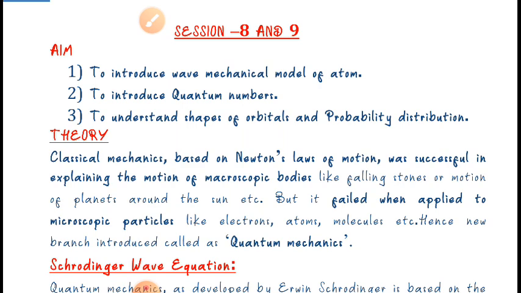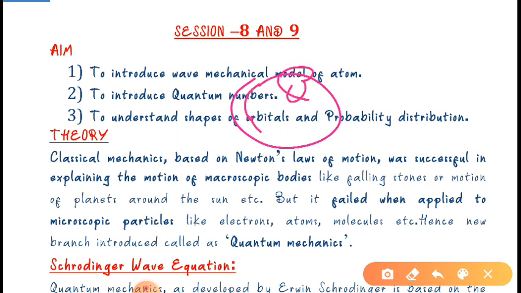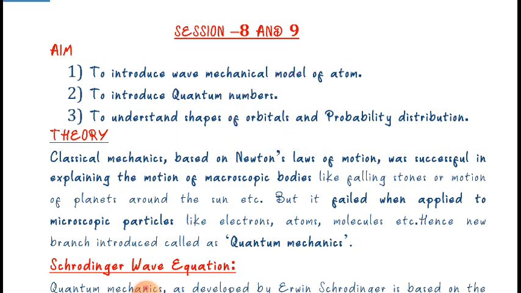The maximum we can do is find the probability that the electron will be in this area or in this area, like this. So this was the probability concept of electron.